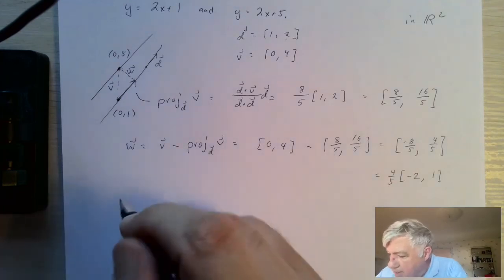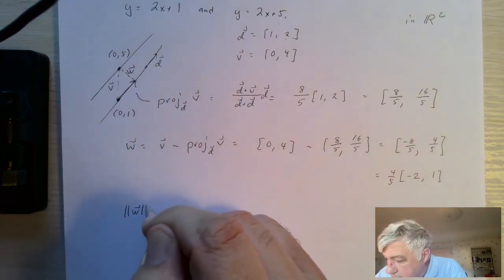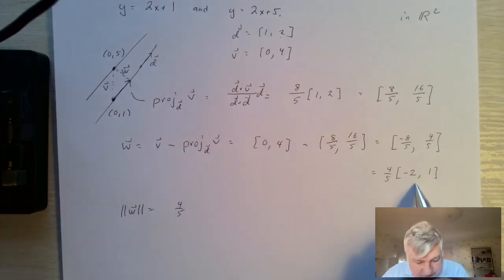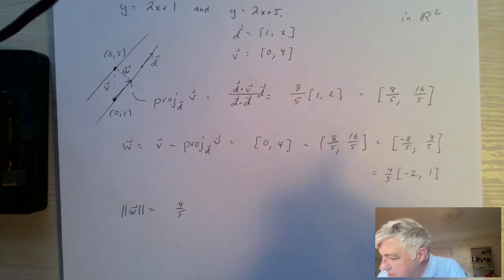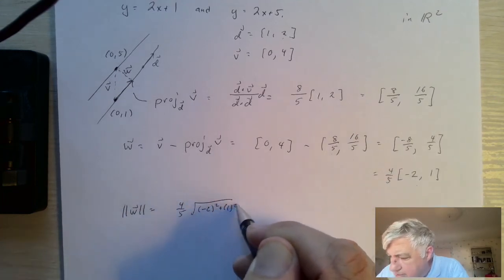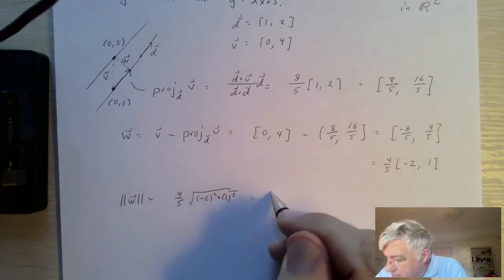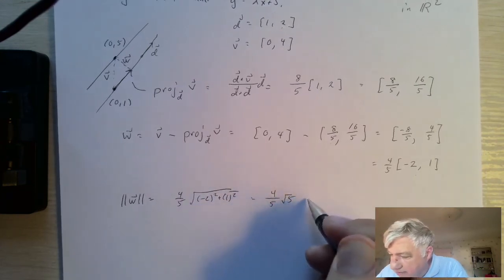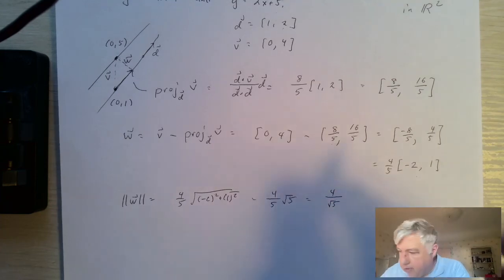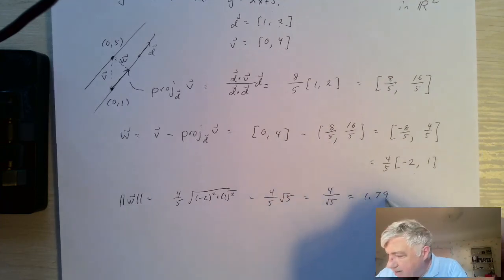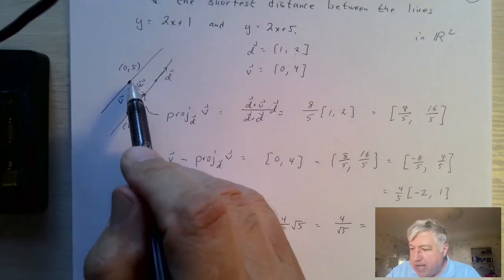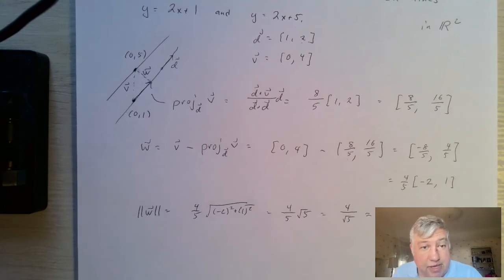And so the length of w is just going to be 4/5 times the length of this vector, which is the square root of negative 2 squared plus 1 squared, which is 4/5 times the square root of 5, which is 4 over square root of 5, if you want to write it this way, or this is approximately 1.79. Okay, so that's this distance, and that's the shortest distance between these two lines.